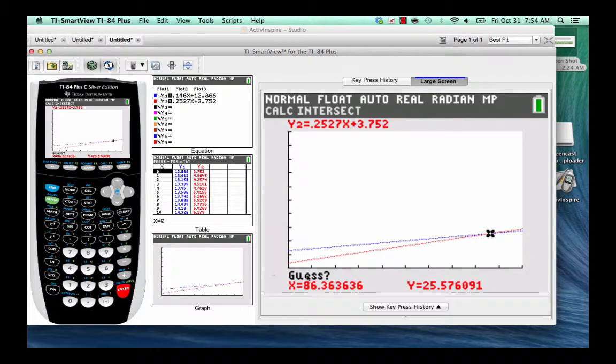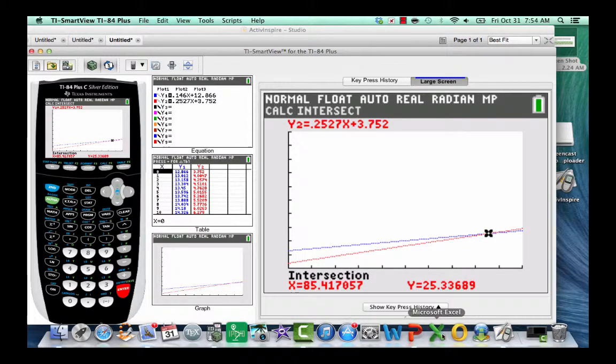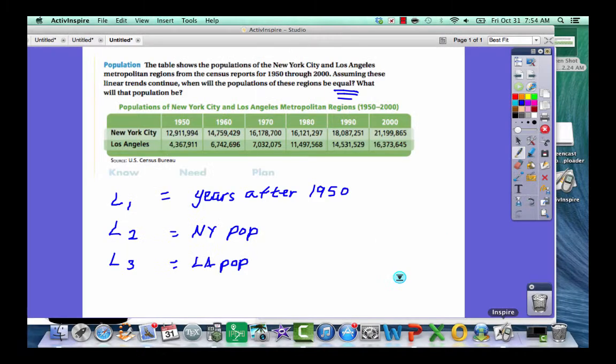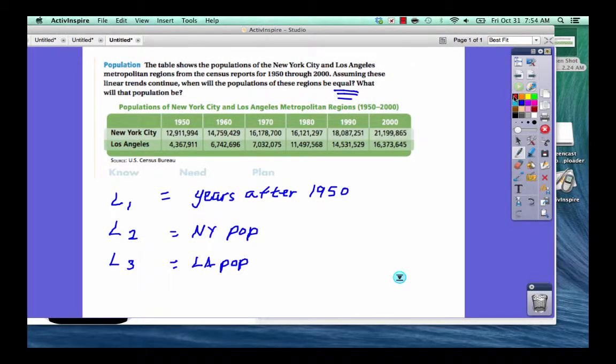It's going to ask me for a guess, and this intersection is 85.41 years. So L2 will equal L3.